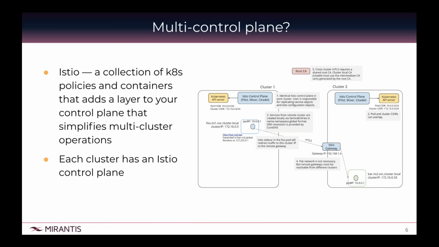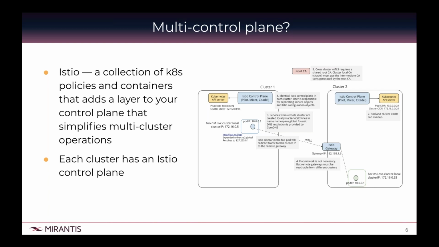Istio itself is basically just a control plane that you add, an additional set of containers and policies that get added to your Kubernetes cluster, adding another control plane on top of Kubernetes, and it enables a couple of other sets of features that make multi-cluster operations easier.